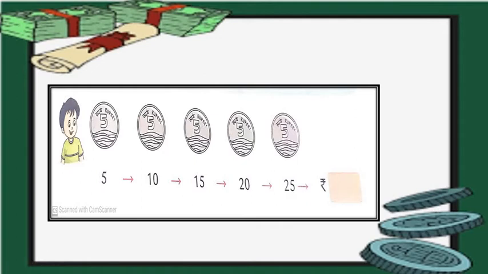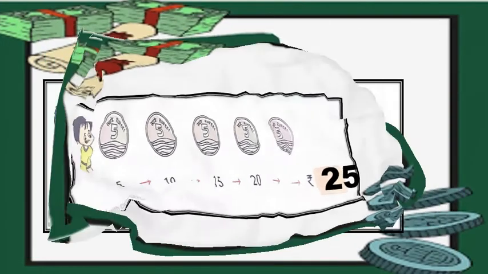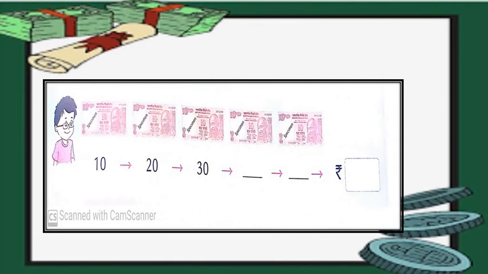Five, 10, 15, 20, total 25. Ten, 20, 30, 40, 50. These are total 50 rupees.